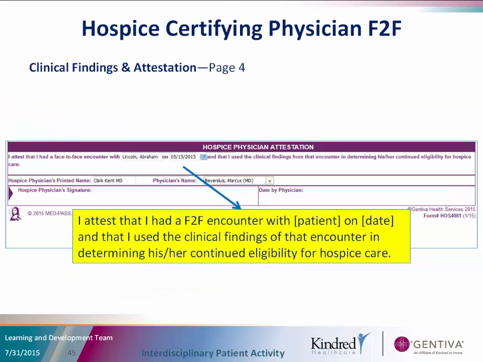The certifying physician's face-to-face form looks the same as the other form except for the title and verbiage of the attestation. The hospice physician attestation is located on the last screen of the document. The statement indicates that the hospice physician who had the face-to-face encounter is also the certifying physician, and that they are using those findings to determine continued hospice eligibility.